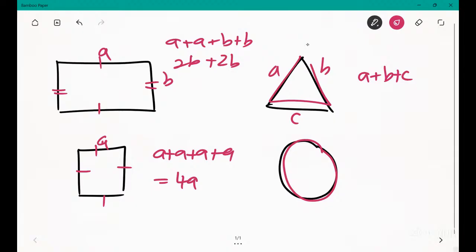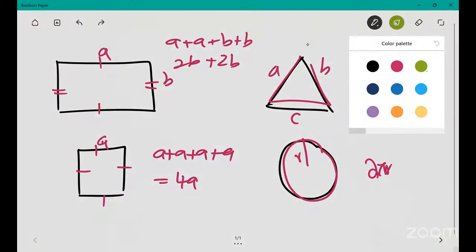Then the equation to find the perimeter of a circle, which is called the circumference, is 2 pi r. So you have the radius, so it's going to be 2 pi r. Then let's do it at the bottom, it's area now, not perimeter.